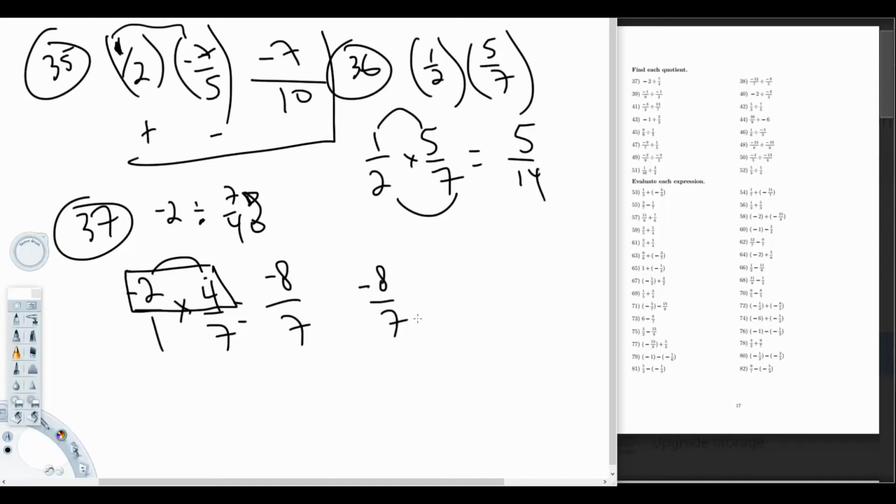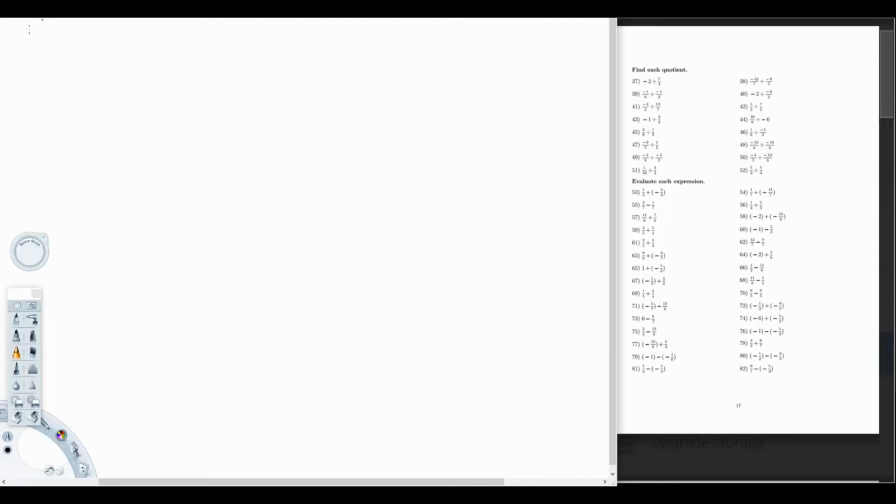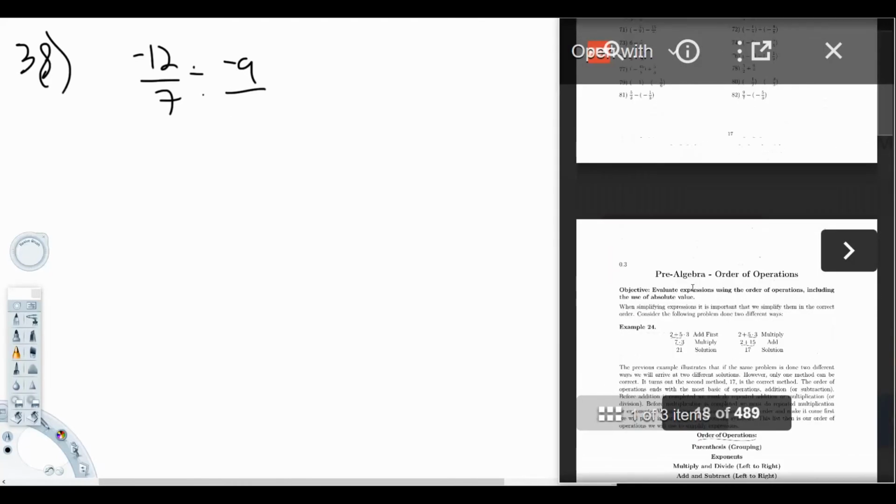Number 38 now. Negative 12 over 7 divided by negative 9 over 5. All right, number 38.